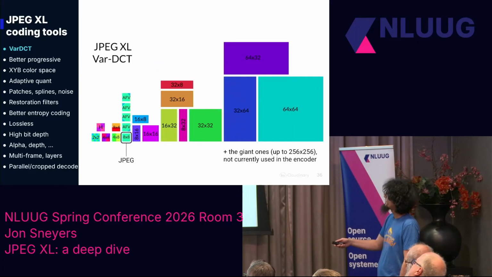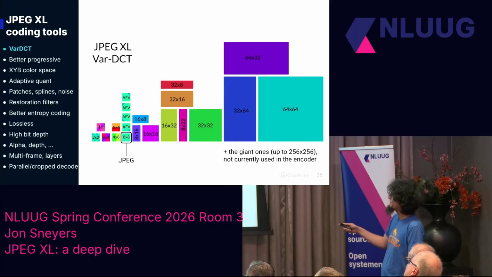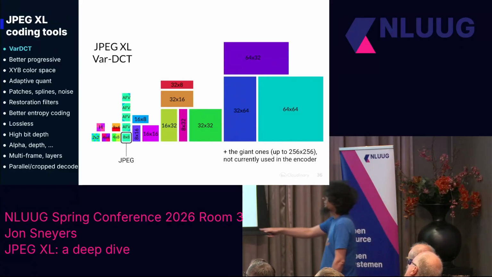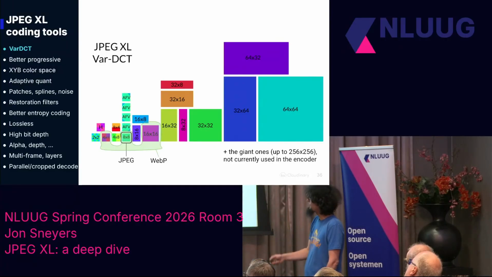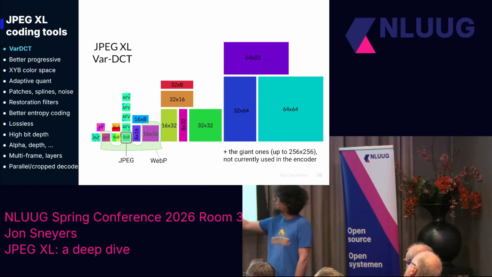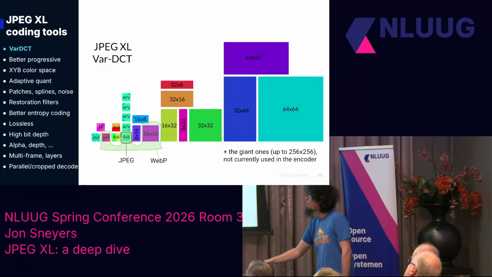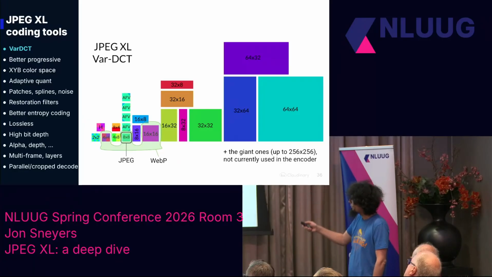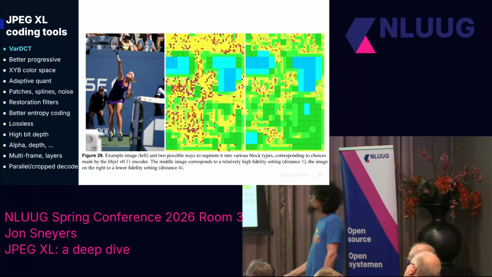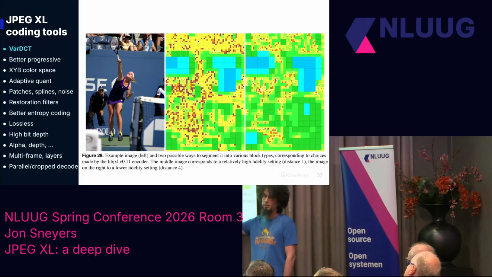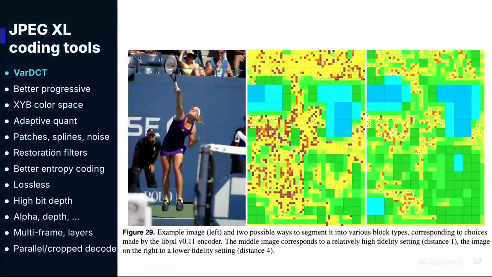So here is a visualization of the block sizes that we have. So the old JPEG only has the 8 by 8. WebP, for instance, has the 4 by 4, 8 by 8, and 16 by 16. But JPEG XL has a lot more to choose from. And so the way it works is the encoder can decide how to divide the image into blocks.